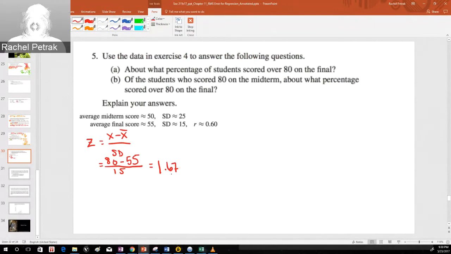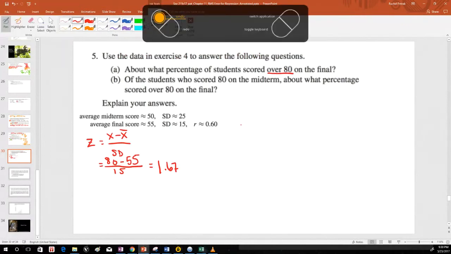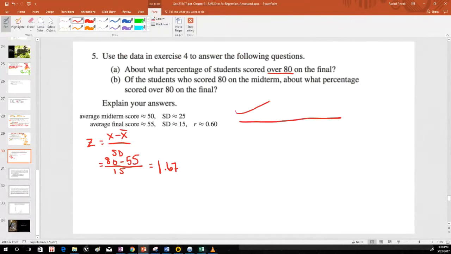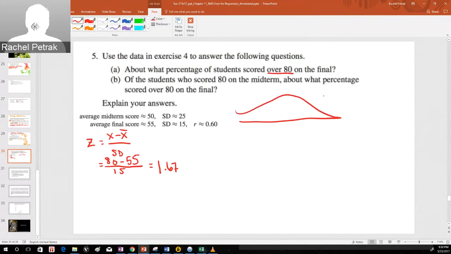At this point, you should be able to look at your z-table and find a z-score of 1.67. To get the students who scored over 80, we want to again use column C. So here we have our z-score of 1.67, corresponding to a raw score of 80.